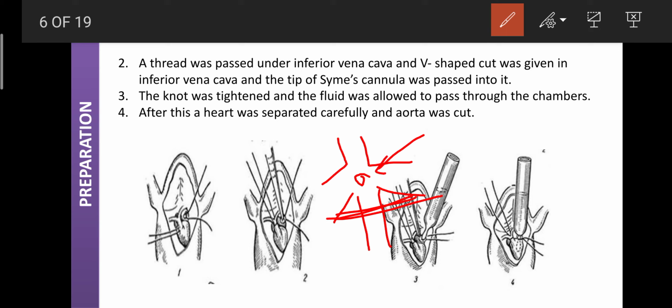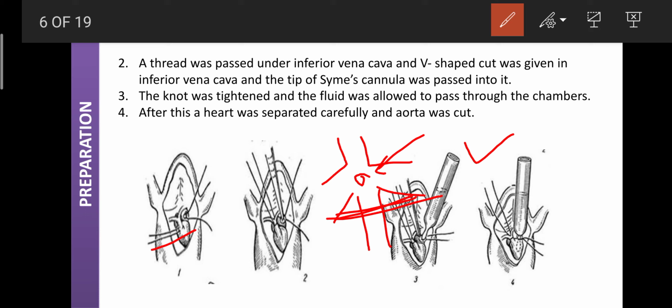You can look here, a thread is inserted, then they make a small cut and try to insert the Symes cannula through that cut. It is helpful to administer the physiological salt solution required for pumping of the heart.